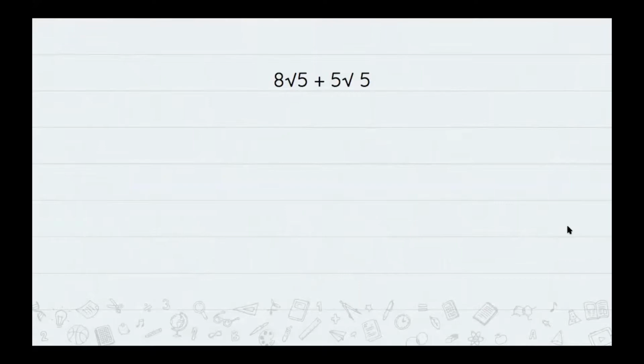As you can see, this is the radicand, it's inside the radical. They're both the same. Therefore, we can add these two front numbers. So 8 plus 5 would be 13. And because the radicands are the same inside the radical, you just bring one of them down, because this would be for both of these.